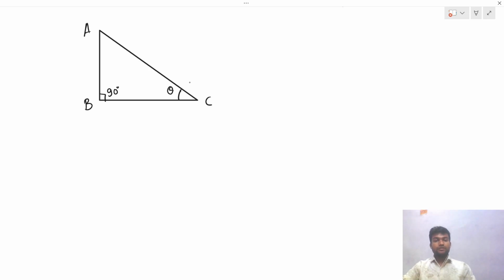If you are confused by that, we can visualize it in this fashion. Let me draw the triangle. Let's say this, and here is theta. Then this is also a right angle triangle, and I am naming it A, B, C.